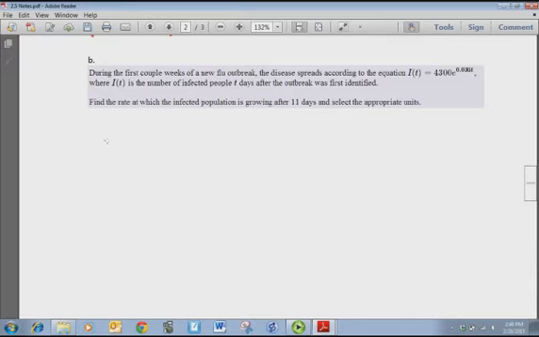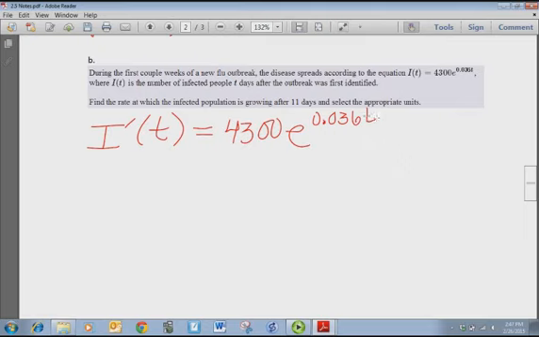So, I prime of t, it's going to be 4,300 e to the 0.036 t times the derivative of that exponent, which is just 0.036.